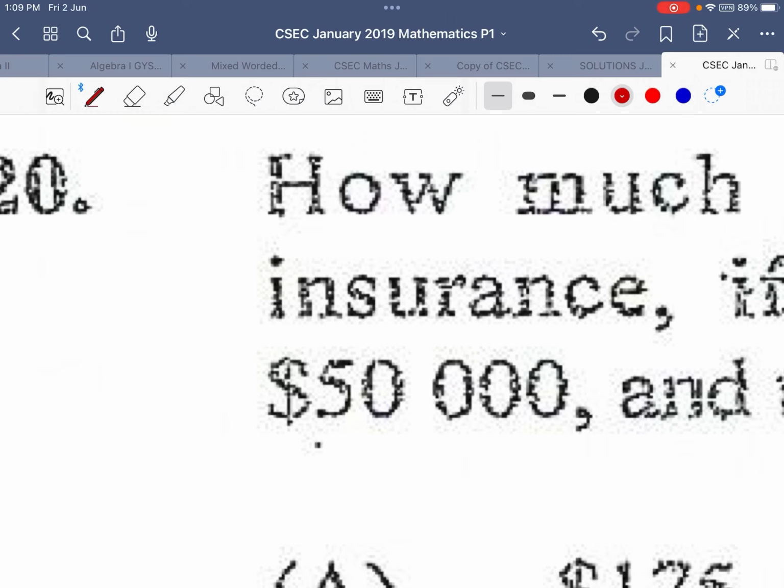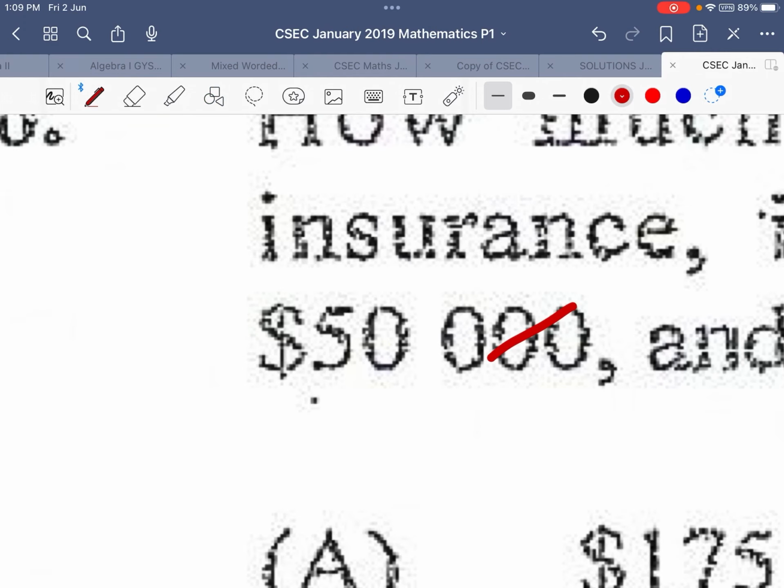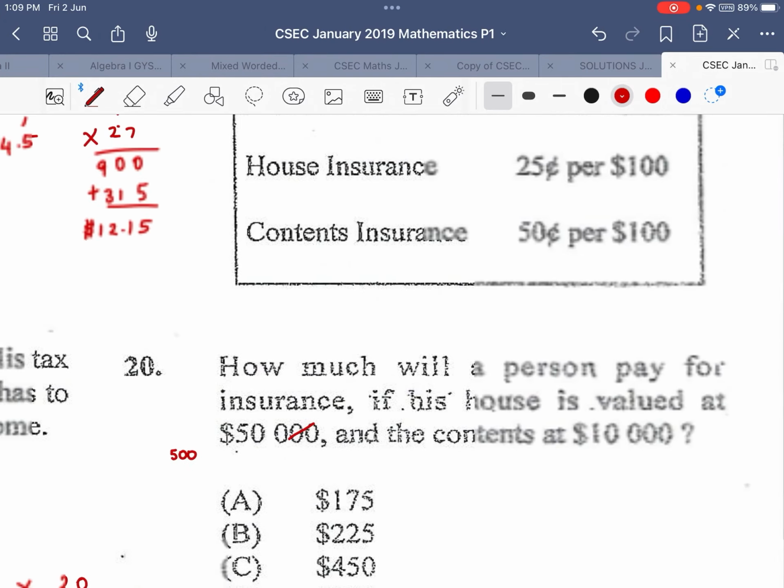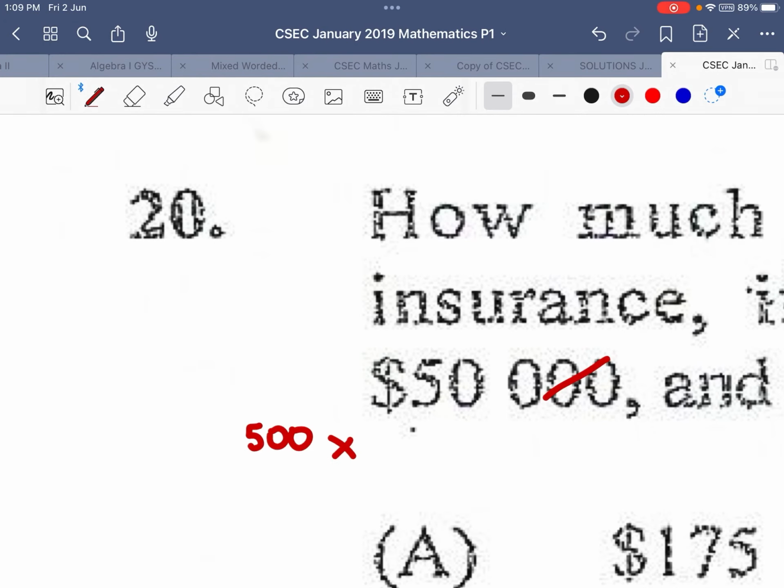So in this case, 50,000 divided by 100, we'll cross two zeros out, you know that's 500 times. So this person needs to pay 500 times 25 cents each time.